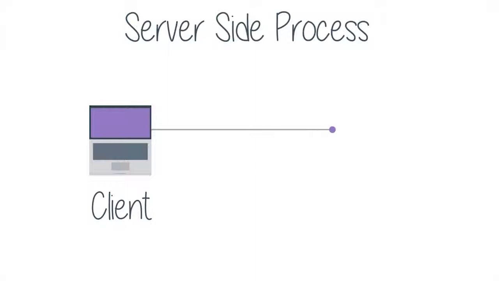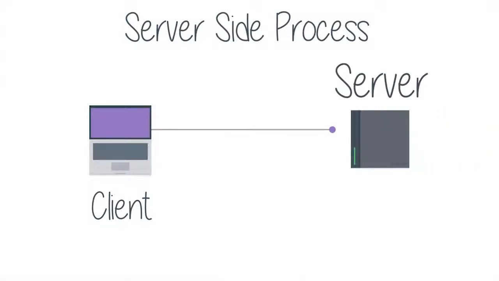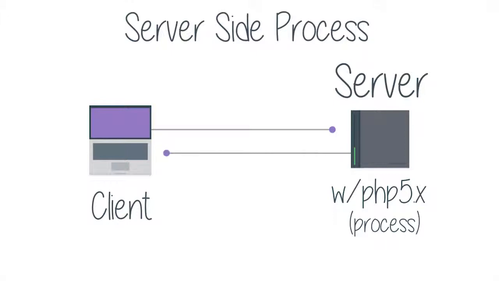This request is going to go out to the cloud to our server, and that server, typically a Linux box with Apache or Nginx, will have a copy of the PHP interpreter, in this case version 5.x, maybe 5.5. This will actually process the script that was requested by the client machine and then respond back to that client machine after processing in HTML.